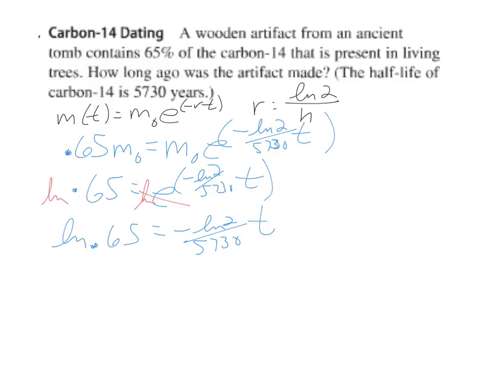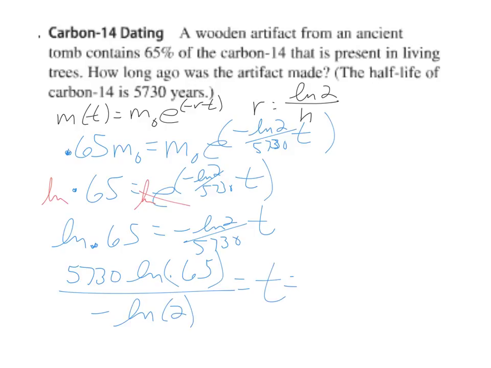Now you can actually get rid of that fraction all in one shot if you just flip it over and multiply. So what that's going to look like on the other side, the 5730 would now be on top with the natural log of 0.65 over negative natural log of 2. And then that is 3561.13 years.